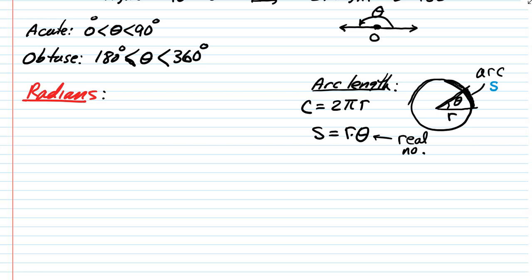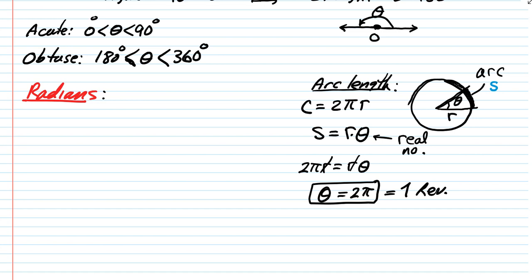Now, this formula s equals r theta. For the full circumference, s is equal to C. So we can say that 2 pi r is equal to r theta, correct? Cancel the r's because they're non-zero, dividing both sides by r, which is positive. Therefore, theta is equal to 2 pi. So what we're saying is this: the measure of the central angle theta for the full revolution of a circle, which is 1 revolution, is equal to 2 pi.